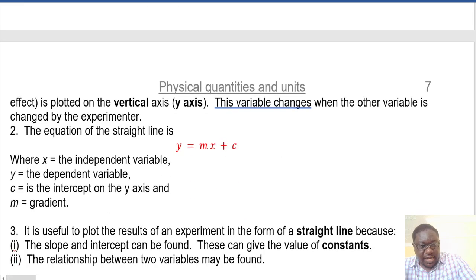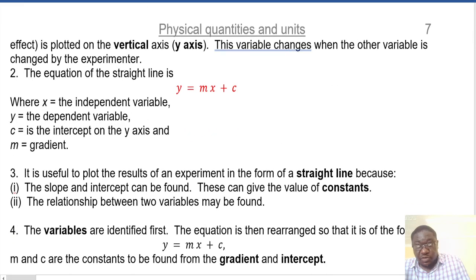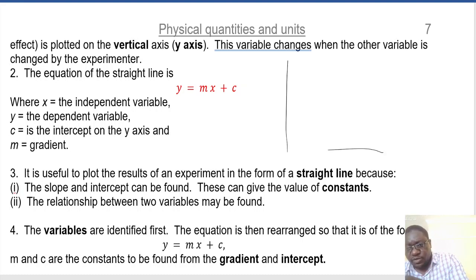And the equation of the straight line from your mathematics is y is equal to mx plus c. Y is the dependent variable, m is the gradient, x is the independent variable, and c is the y-intercept. That is where the graph touches the y-axis. So that's what we call a y-intercept.